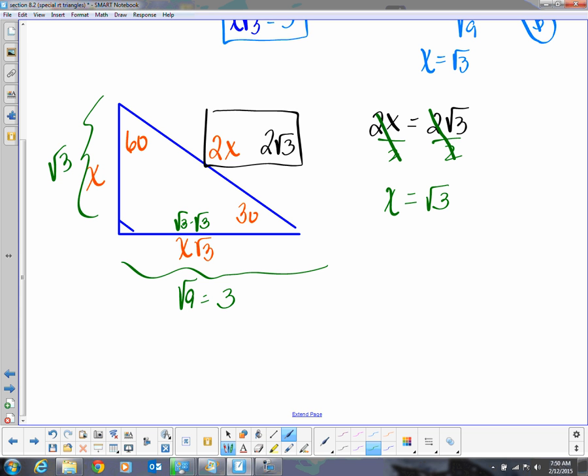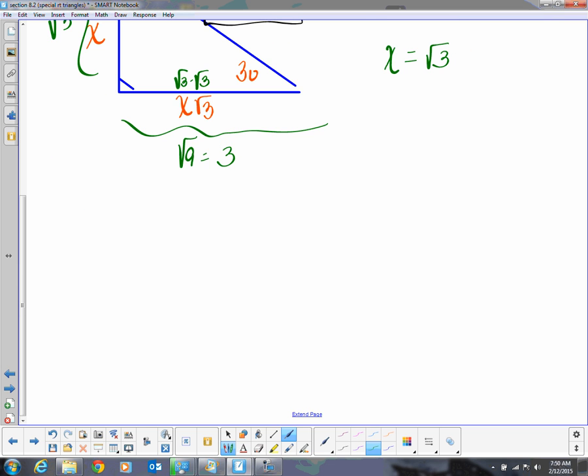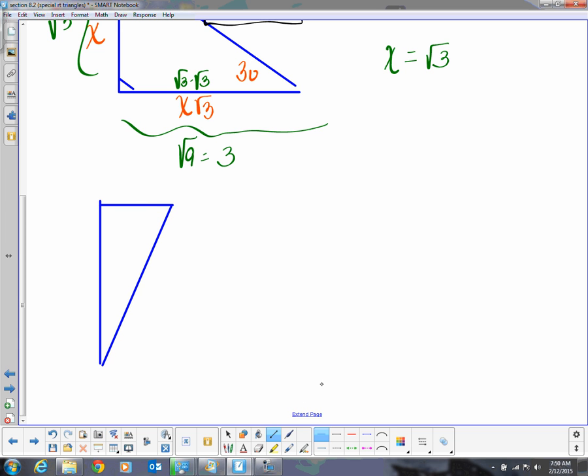Any others? Okay, 8. If we look at 8 quickly, we've got 60, we've got 30, which makes this x square root of 3, and this is 2x.